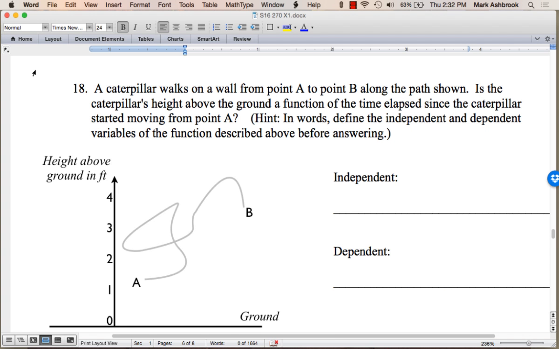We don't have time, so you can actually guess a height.